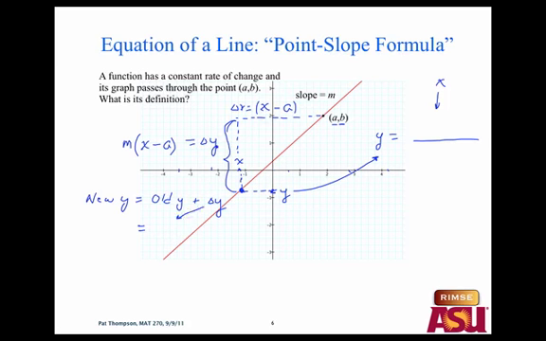The change in y we just calculated was this constant rate times our change in x. So this is the change in y: m(x minus a), plus what the old y was. The old y, the starting y, was b. And that gives us the new y.